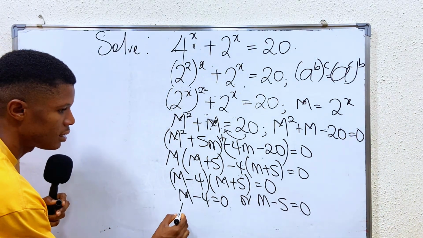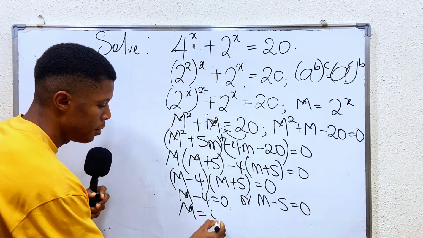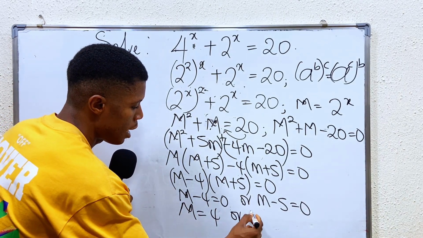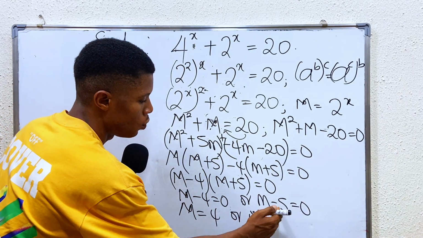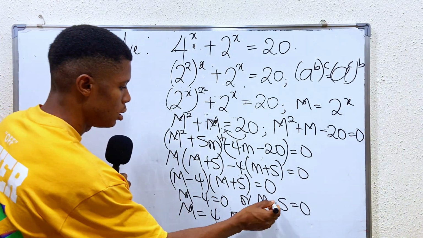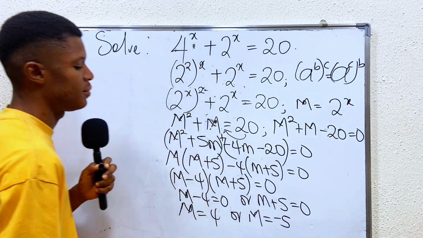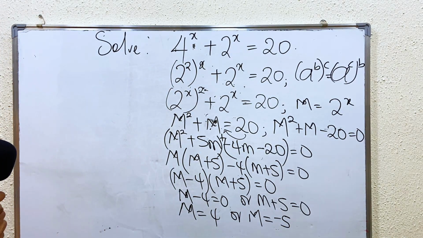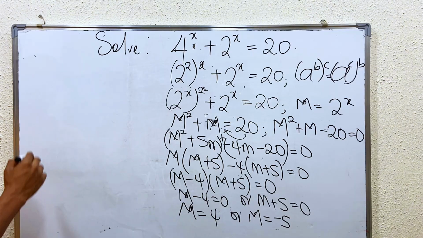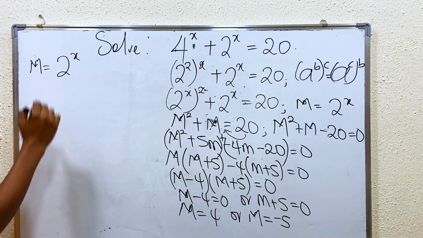So you can see that our m is equals to, we add 4 to both sides. So m is equals to 4, or m is equals to, we do what? We subtract 5 from both sides. m is minus 5. So since we have this now, you can now see initially we said that our m is equals to 2 power x.